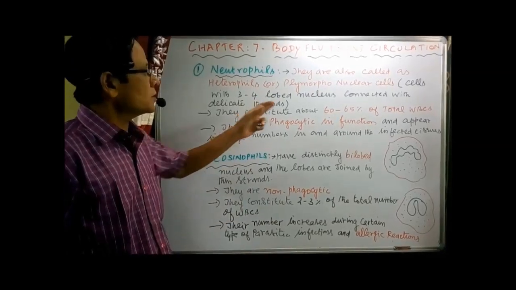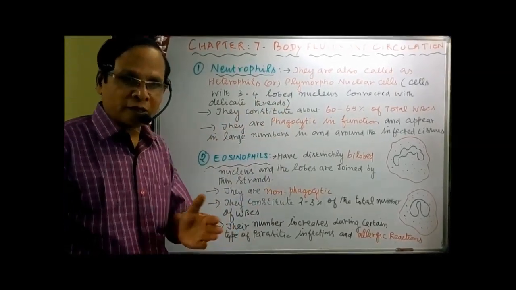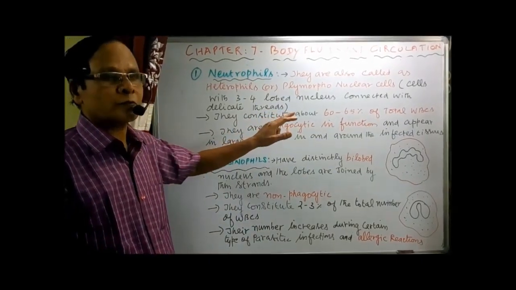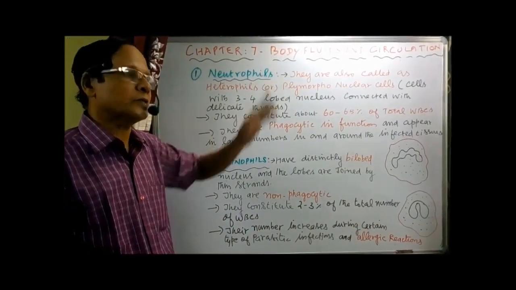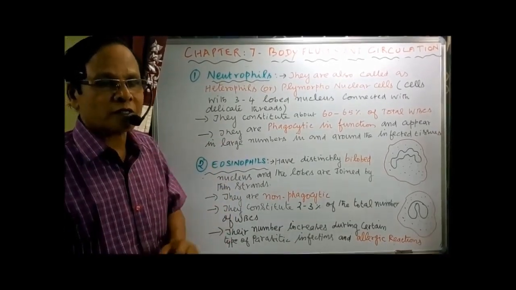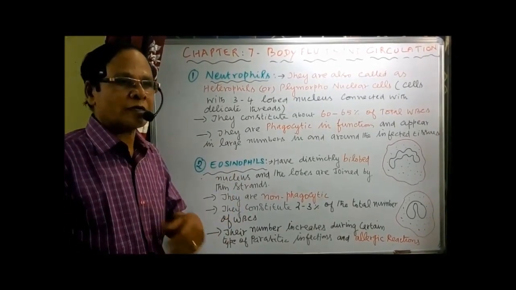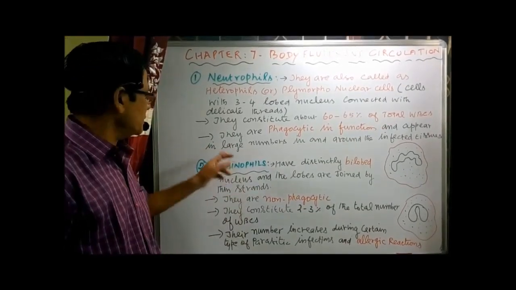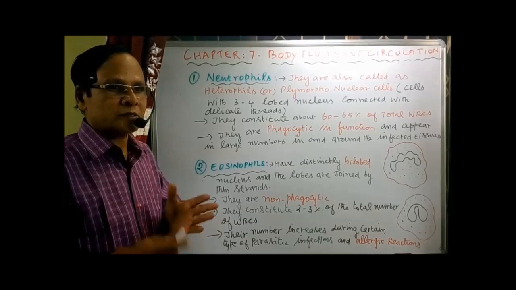The lobes of the nucleus are connected with delicate threads. These are the largest in number when compared to other types of WBCs. They constitute about 60 to 65% of the total number of WBCs. What is their role? They are phagocytic in function. They are also called wandering phagocytes, and appear in large numbers in and around infected tissues when there is an infection.